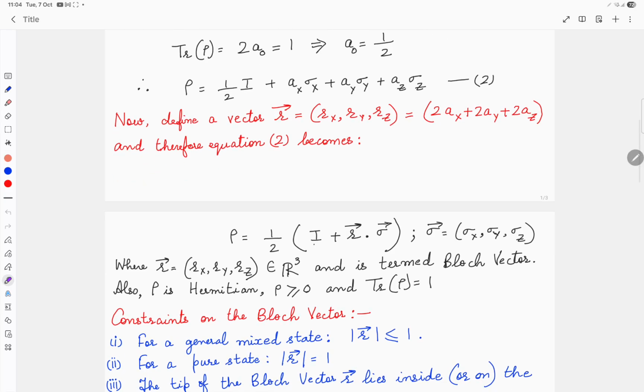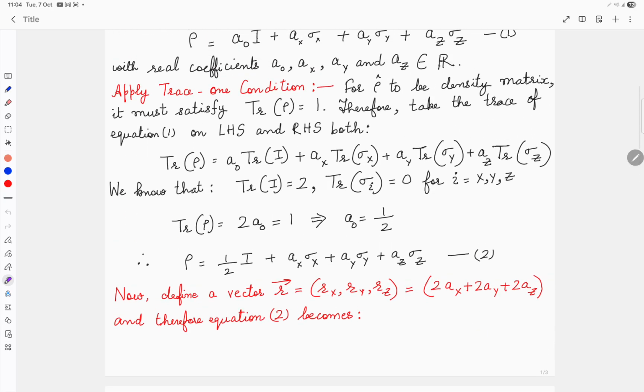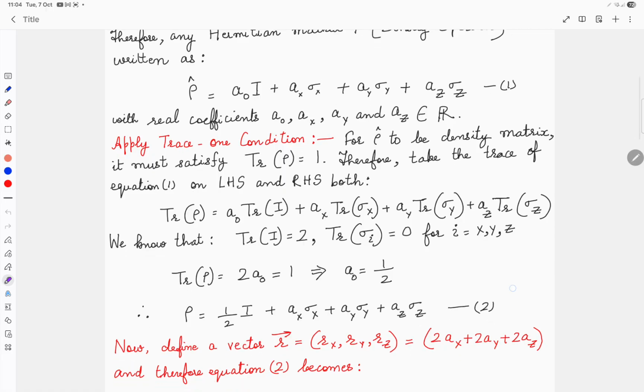In that case, we also define a sigma vector, whose components are the Pauli matrices, right? So we have two vectors now. One is the R vector and the other is the sigma vector. So therefore, we apply all these expressions in this formula, which gives the trace formula.